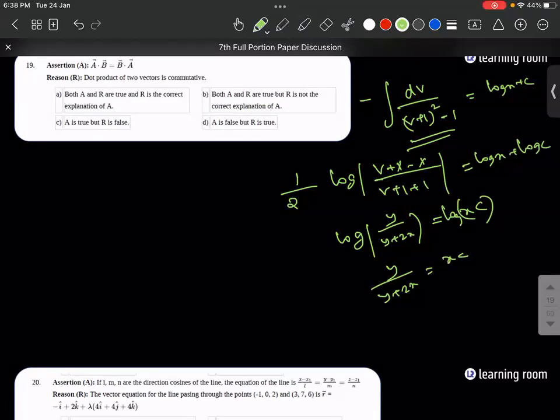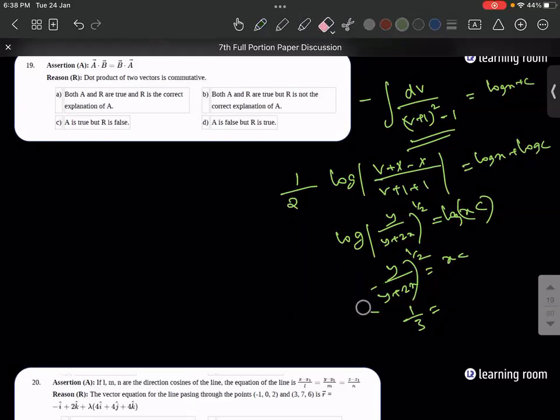Put x is equal to 1, the power is half, whole squares. So 1 by 3 will be equal to 1 by 3. Okay, I can do one more thing.